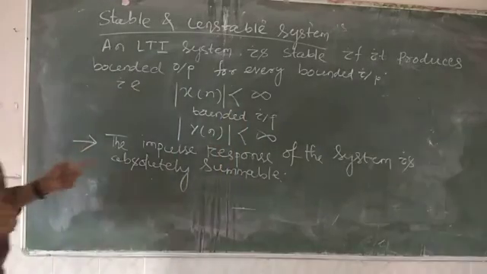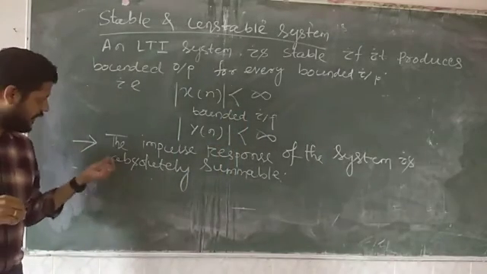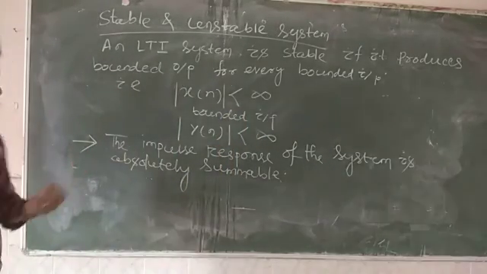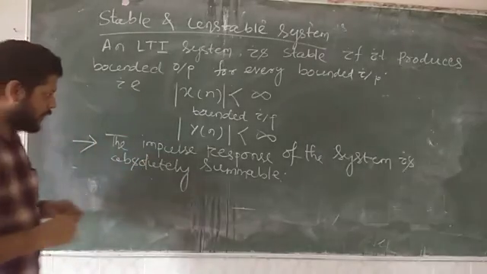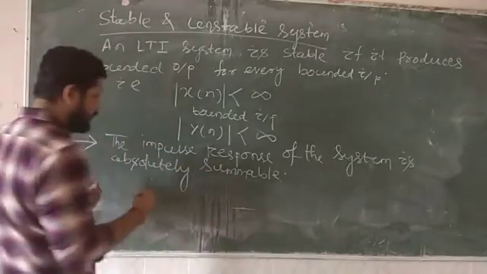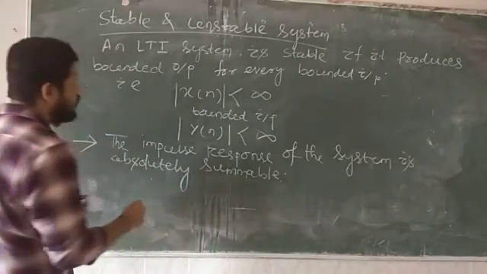The impulse response of the system being absolutely summable is the second condition for the system to be stable. So you can check this by checking the impulse response. So mathematically, how to define it? Mathematically, I can write here.